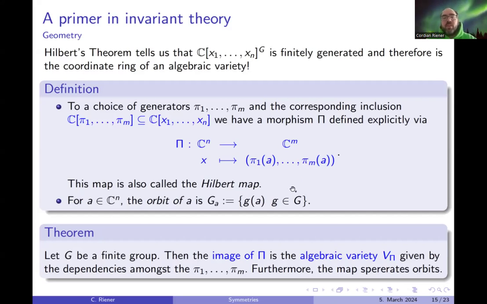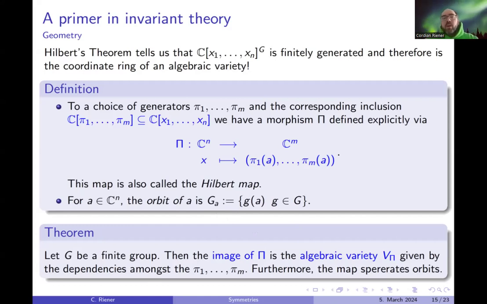Okay, so the interesting thing is also that this map actually has the property that it is constant, obviously, on orbits. If I only take two points that are just mapped to each other by a group element, then the value that I get of pi_1 to pi_m obviously is the same.